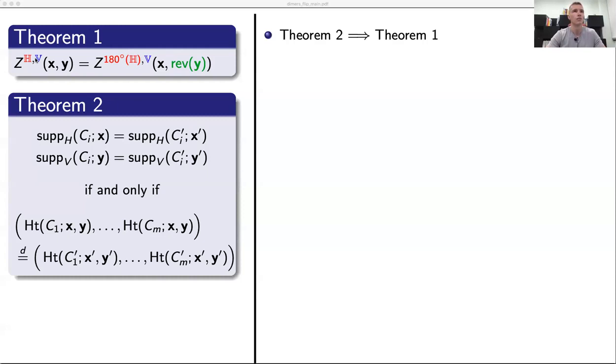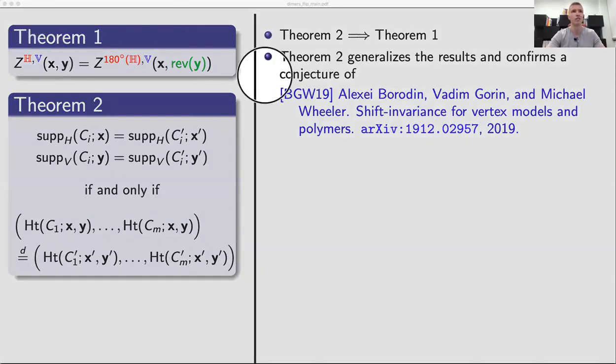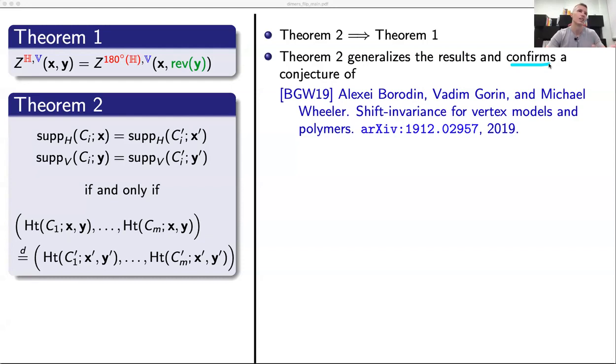Now, theorem 2 implies some other things. For example, it implies basically all of the results of this paper, which is 100 pages long. So it's pretty cool. And actually, it confirms a conjecture of the authors of that paper. But I prefer Theorem 1, but Theorem 2 has more probabilistic applications, I guess.